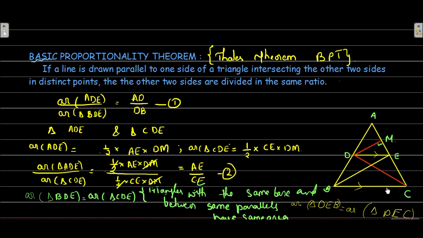So, in grade 9 we have studied that if two triangles have the same base, in this case DE, and lie between the same parallels, DE and BC, then the areas of these two triangles will be equal, that is area of triangle BDE is equal to area of triangle CDE. The reason being, triangles with the same base and between the same parallels have the same area.